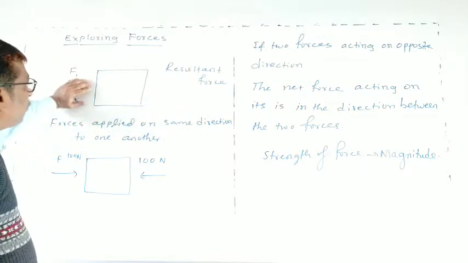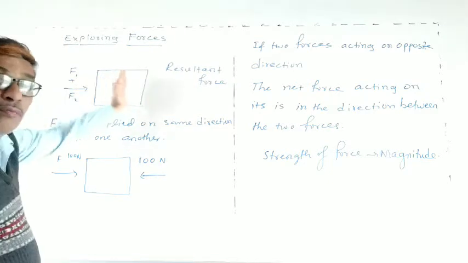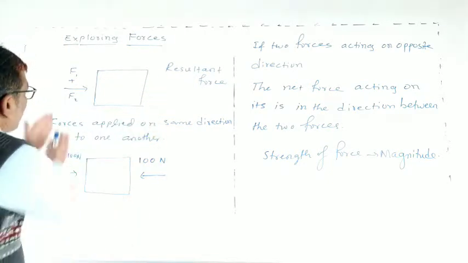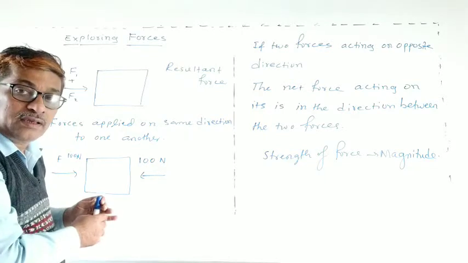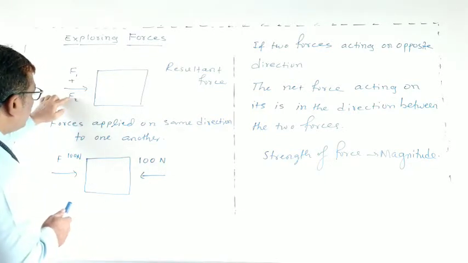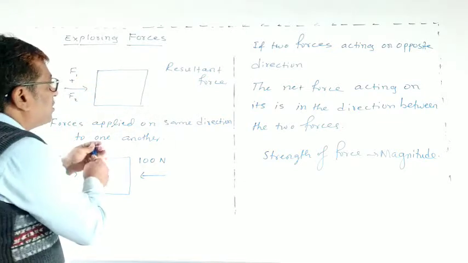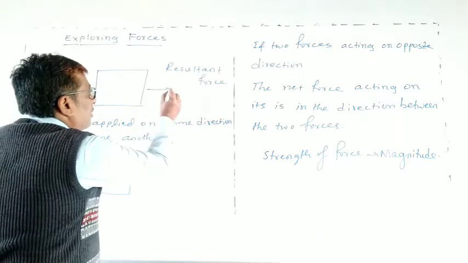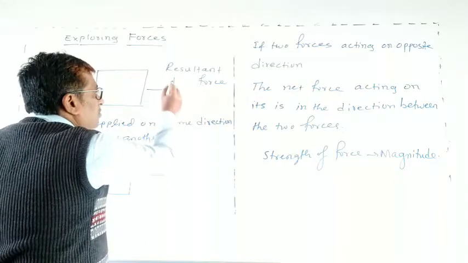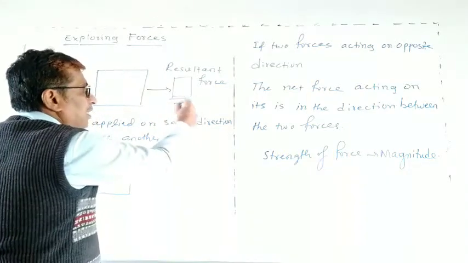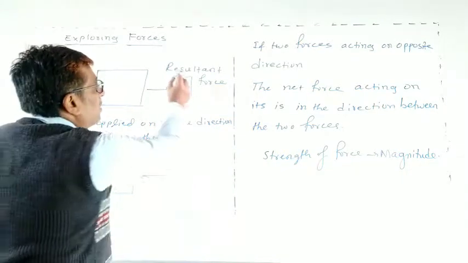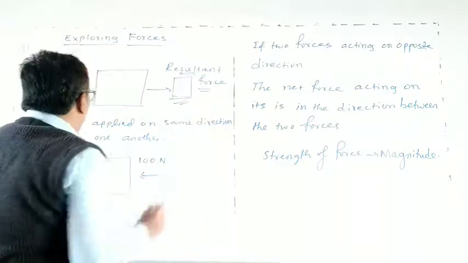He applied the force, but it did not move. But another person came and applied force 1 plus force 2, and now it starts to move. The box moved here. This we call the resultant force.